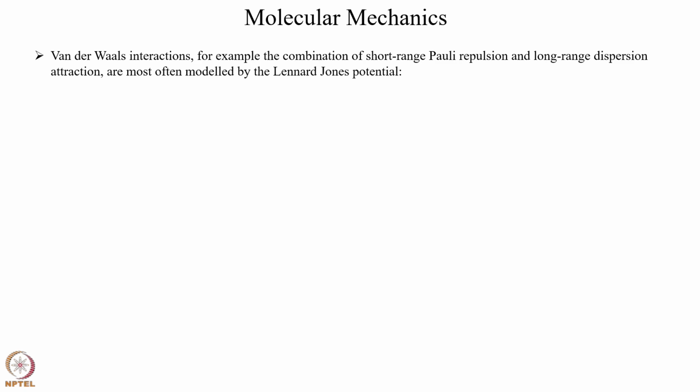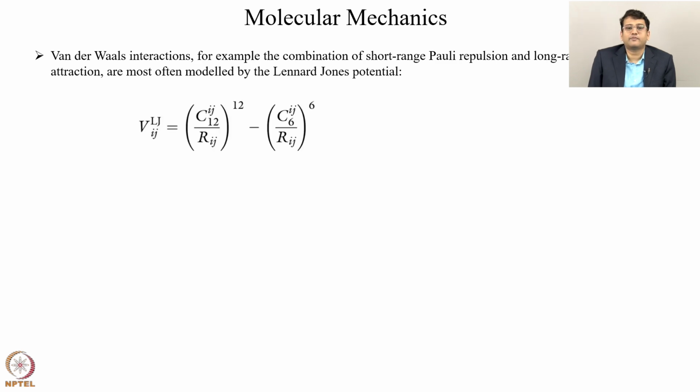In case of DFT, the advantage was that the short range Pauli repulsions were automatically taken care of by the DFT functionals. So, what was missing is the long range dispersion attractions, which we were adding by some kind of a potential. Remember, in case of a wave function based method, this is not a problem, where both the short range repulsion and the long range dispersion are automatically taken care of by the wave functions.